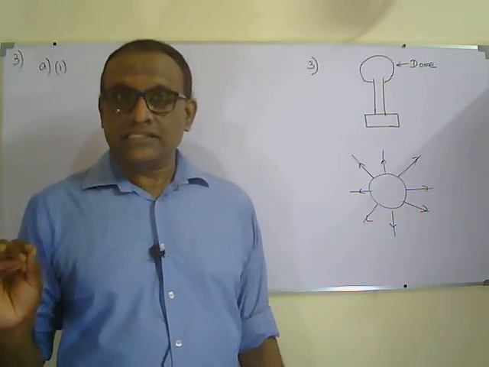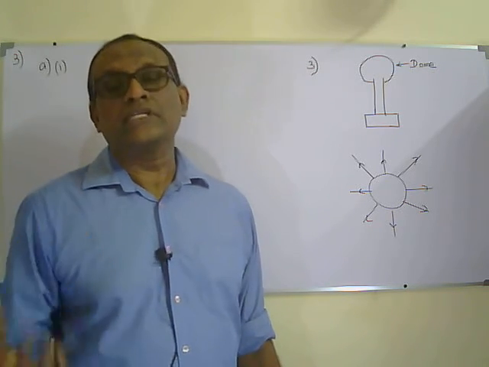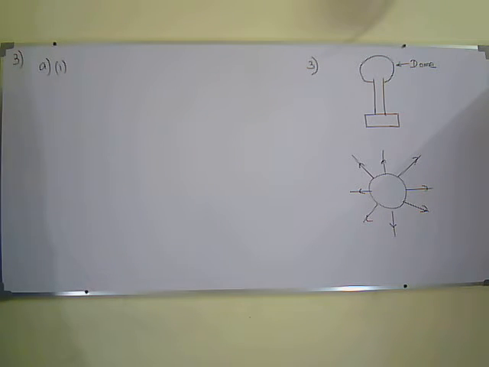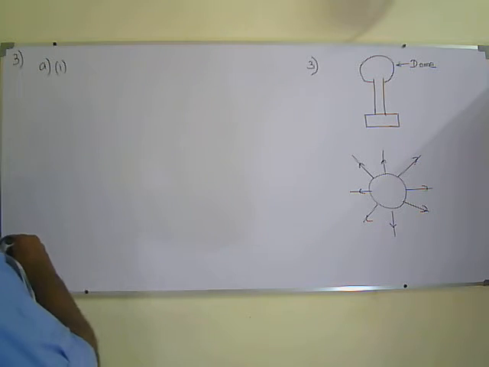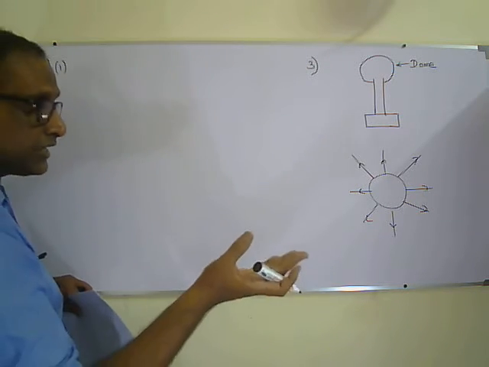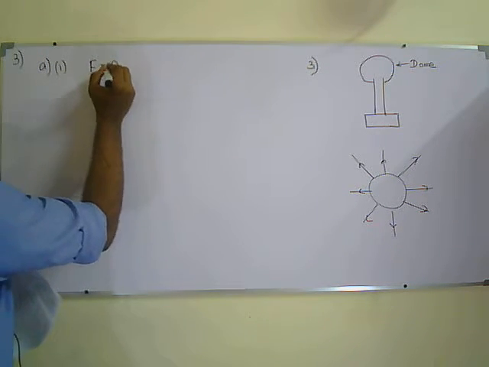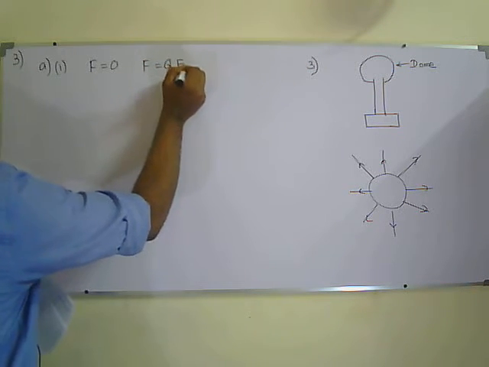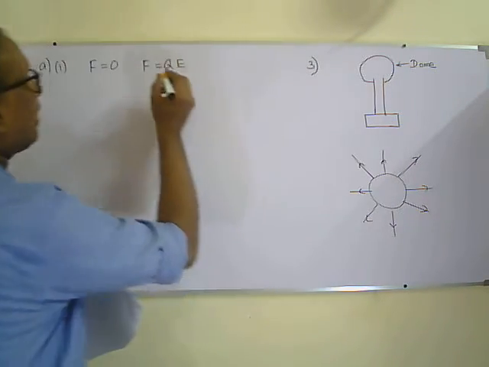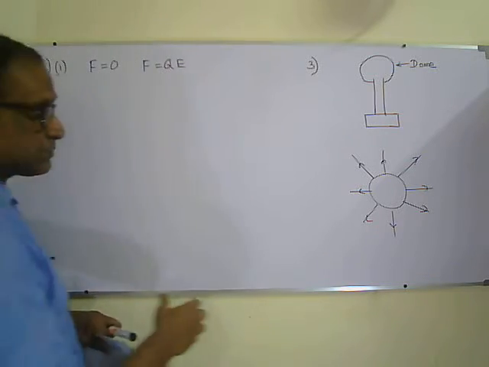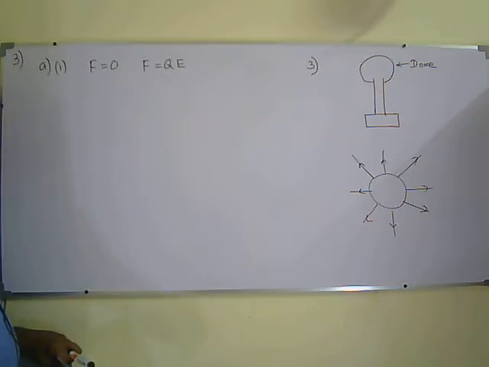Since all the charges are at rest, the force acting on the charge must be equal to 0, according to F equals QE. So we can say like this: since there's no force acting on the charge, the electrostatic force acting on the charge is equal to 0. We know F equals QE, and all the static charges are at rest. Therefore, E must be equal to 0. That's the answer we can give for the first part, why there is no field inside the dome.